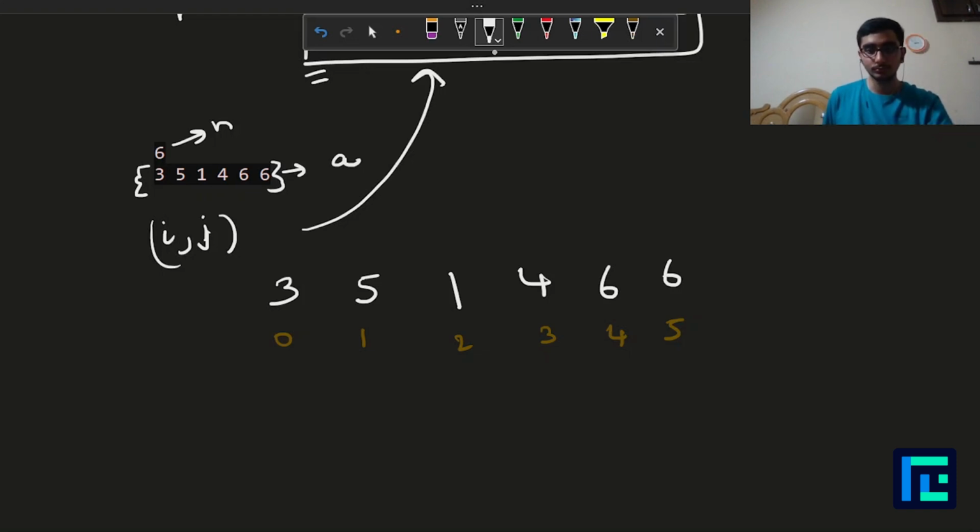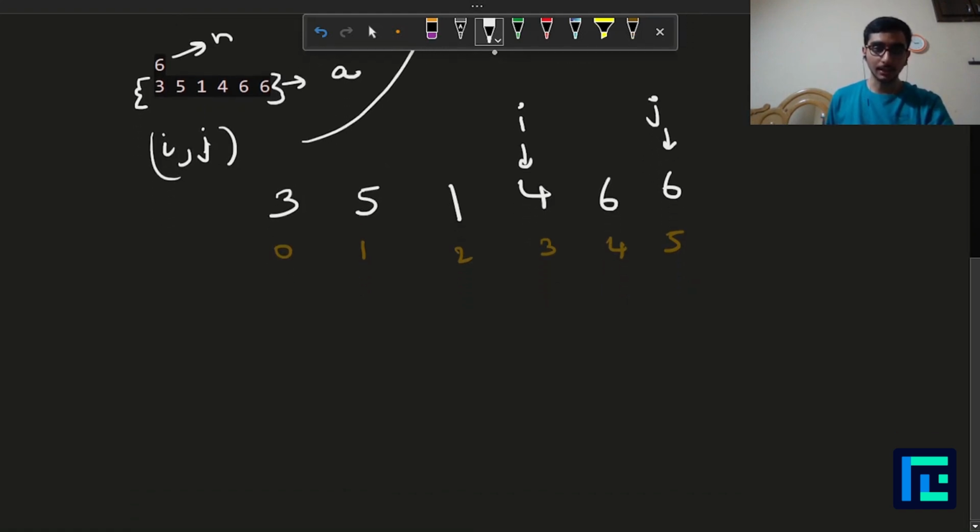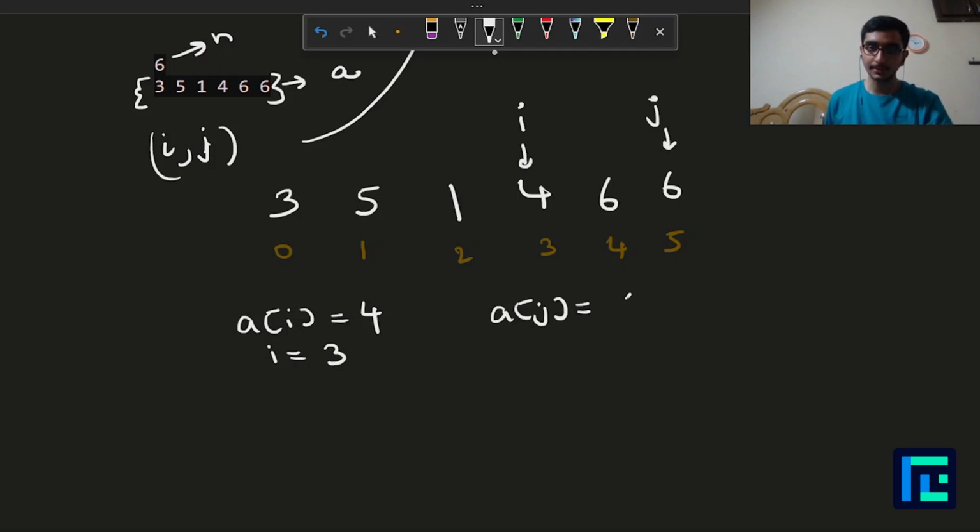So if we observe these two, if they are i and j, then a of i equals 4, i equals 3, a of j equals 6, and j equals 5.